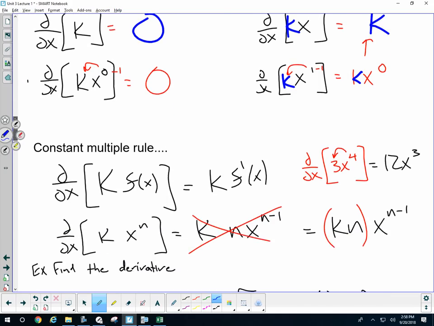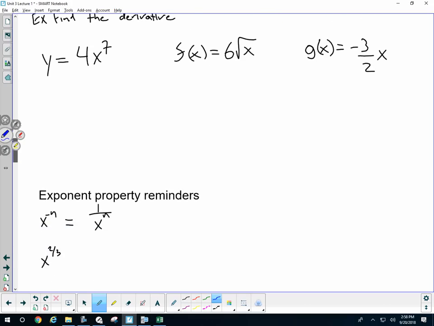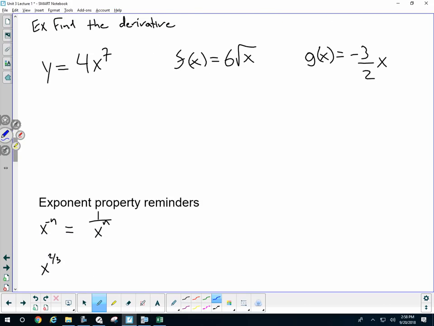All right, so knowing these rules and the constant multiple rule, you can find the derivative of these 4. Now, all of a sudden I've just switched the way that I'm presenting the problem. I first just said, do the operation. Now I have an equation of a function, and I'm asking you to find the derivative. That means I want you to find the equation of the tangent slope generator, the equation of the graph of the tangent slopes, which means you still will be doing the process, but you need to write it down.